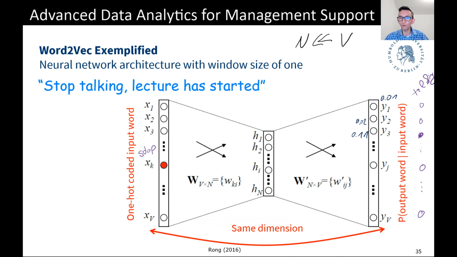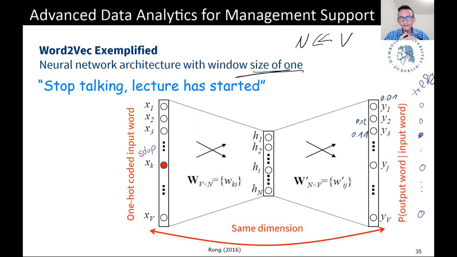In this example, window size of 1. So our neural network, if we train it long enough and have enough text data available, it will get really good at predicting neighboring words, words that often co-occur. Know a word by the company it keeps, right? That is exactly what our neural network is learning here.